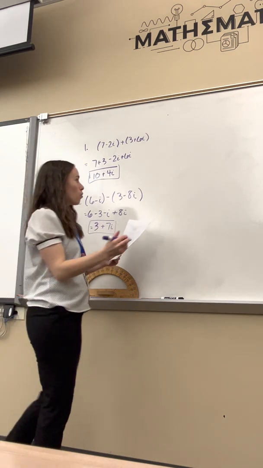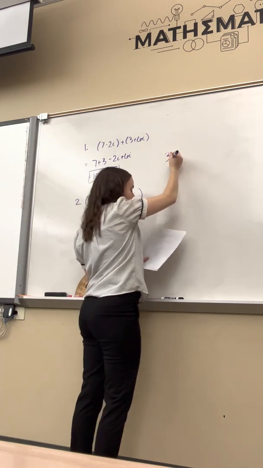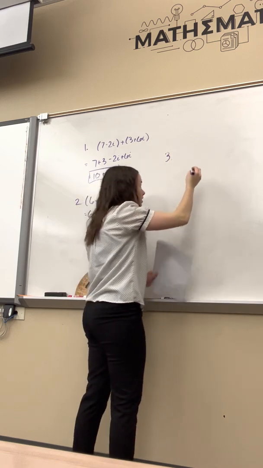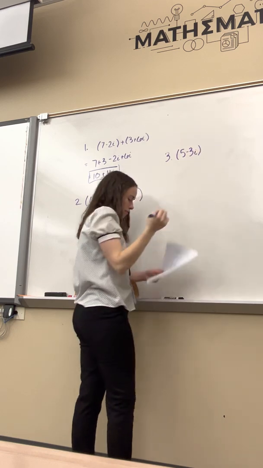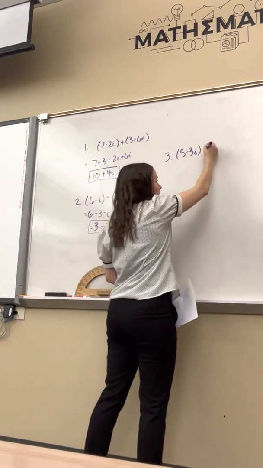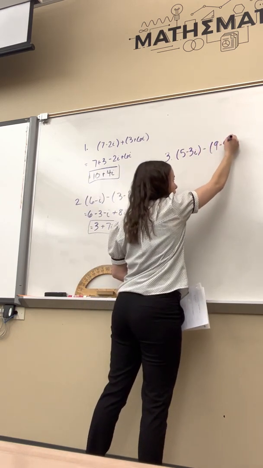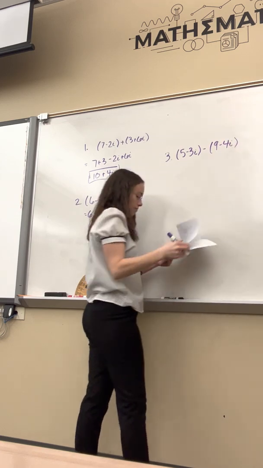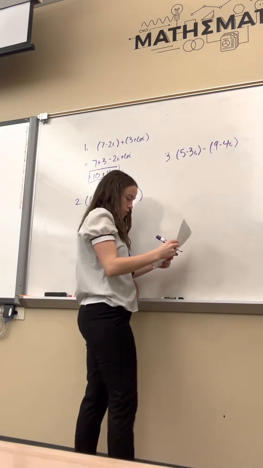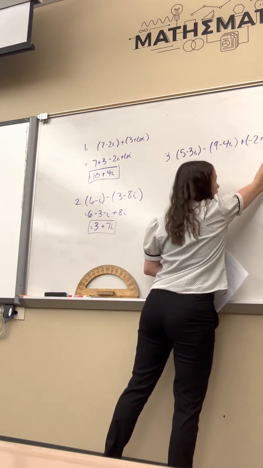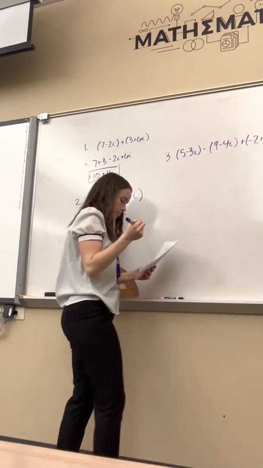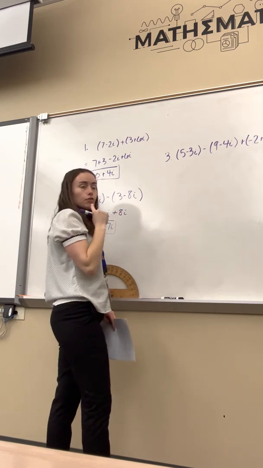And then I have one that's a little more complex here, and it is 5 minus 3i minus 9 minus 4i plus negative 2 plus 11i. First thing we want to do is get rid of those parentheses.